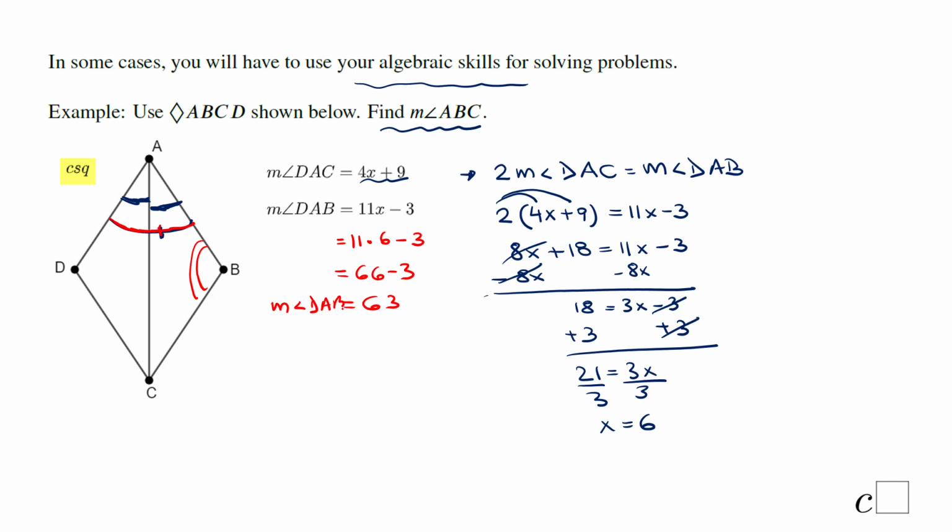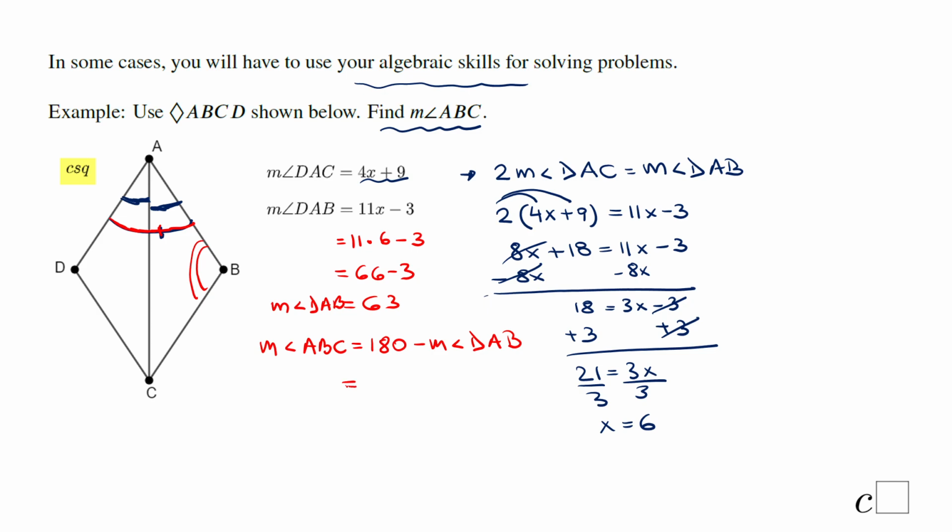And like I said, angle ABC is supplementary with the angle DAB. So that's the reason I'm going to say the measure of angle ABC is 180 minus the measure of angle DAB.